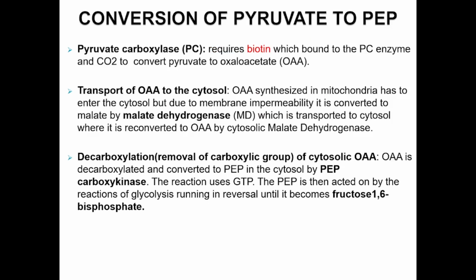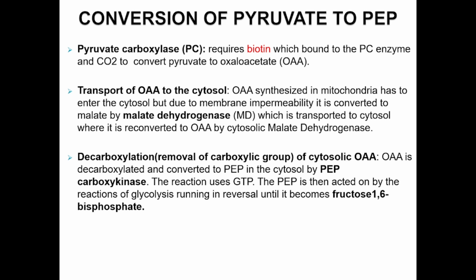So what happened in detail? First, conversion of pyruvate to phosphoenol pyruvate. This is the first irreversible step. This enzyme, pyruvate carboxylase, converts pyruvate to oxaloacetate.